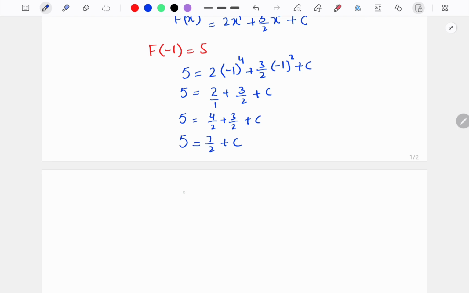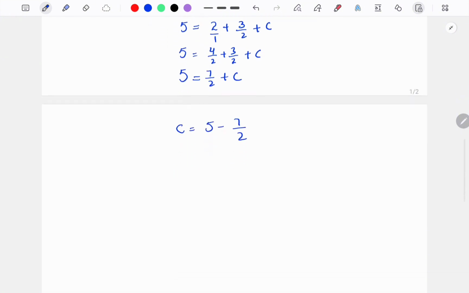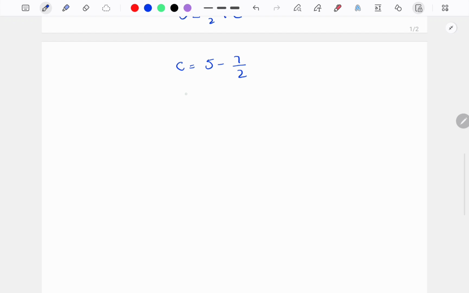Now c is equal to 5 minus 7 over 2. Again the same thing: because it is 5 over 1, we multiply and it will become 10 over 2. The denominator is the same in both fractions. Therefore, c is equal to 3 over 2.